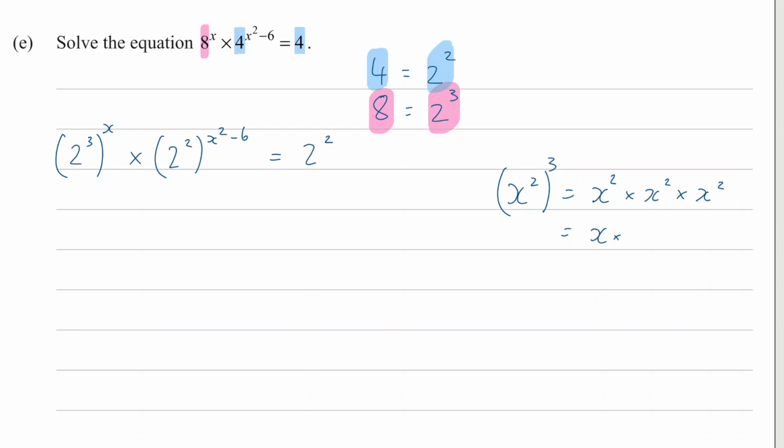So let's apply that idea here. 2 to the power of 3 to the power of x becomes 2 to the power of 3 times x. And we'll multiply that by 2 to the power of 2 times x squared minus 6. We'll just use brackets here because that whole x squared minus 6 is the power, so we need to multiply it by that whole term.